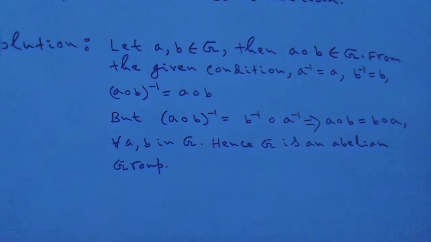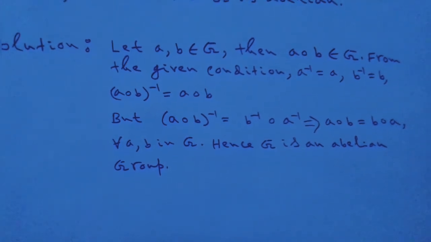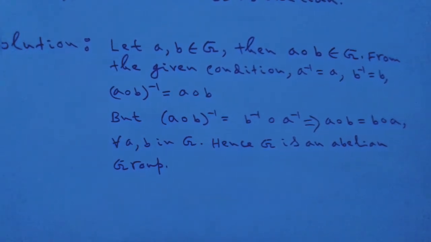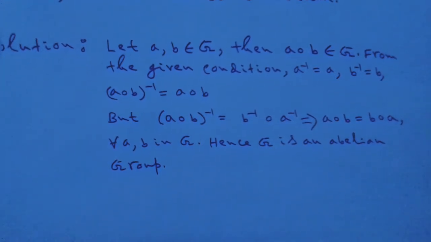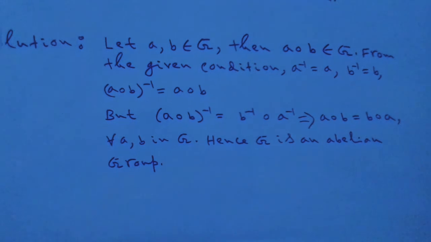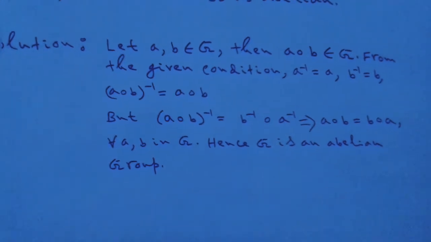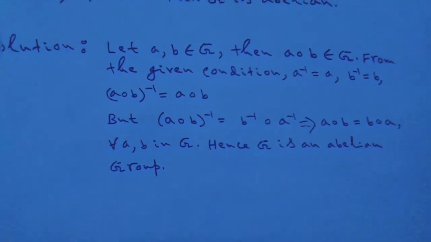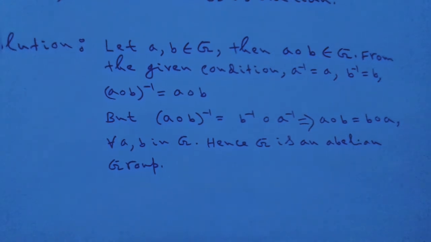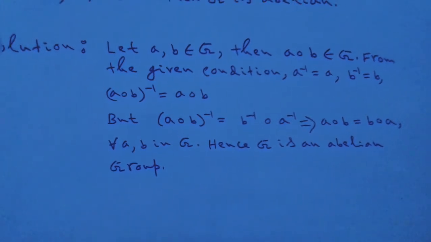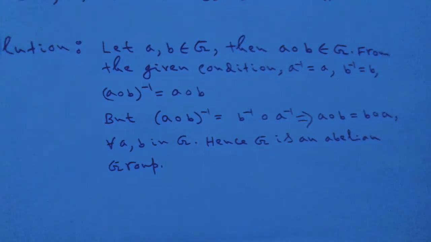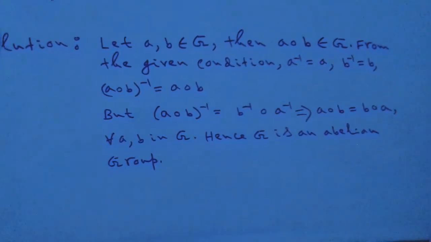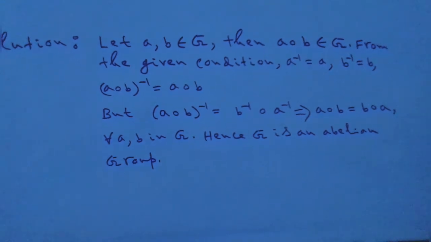Now on the left hand side, (A composition B) whole inverse is clearly A o B by the given condition, and B inverse equals B and A inverse equals A. So this implies A composition B is equal to B composition A for all A, B in G, and it is clear that this is the criterion of an abelian group.